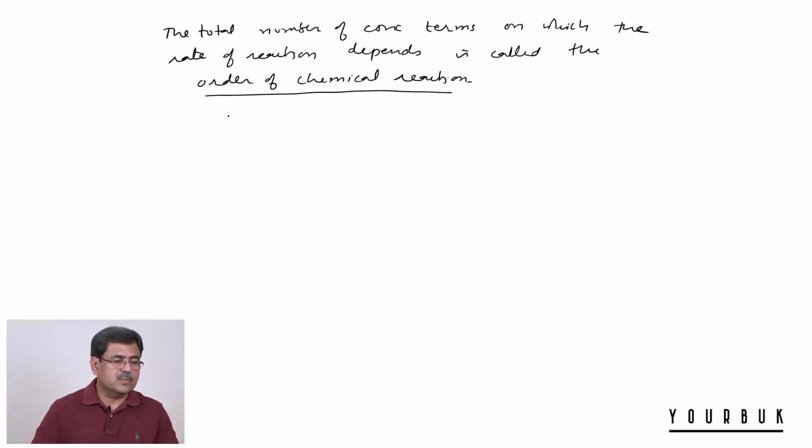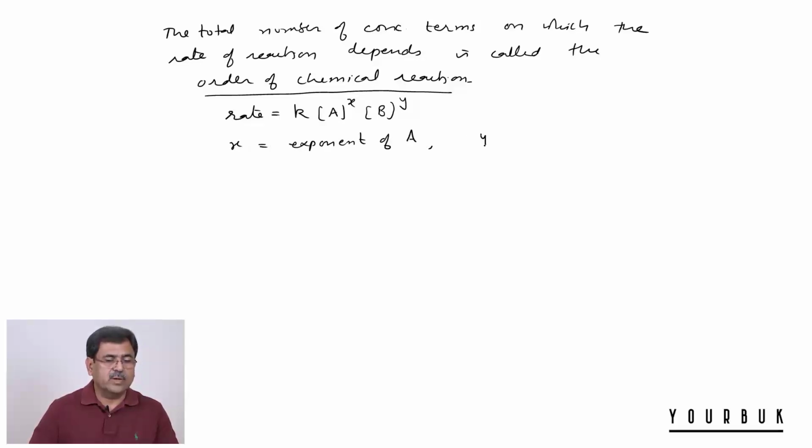Now if you look at the equation again, rate is equal to k into a raised to power x b raised to power y. Here x is the exponent of a and y is the exponent of b.